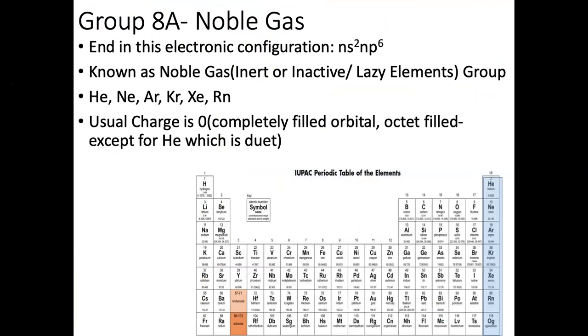They're also called lazy elements, and since they don't react, they usually exist as gas. And then we have here helium, neon, argon, krypton, xenon, and radon. And take note that the usual charge of these elements is 0 because they have completely filled orbitals, meaning to say they are octet filled except for helium, of course, which is duet.